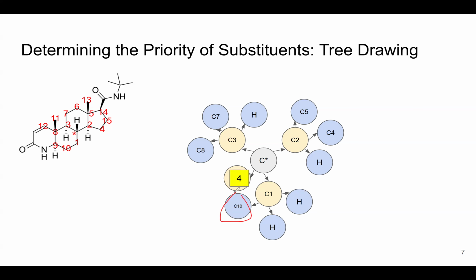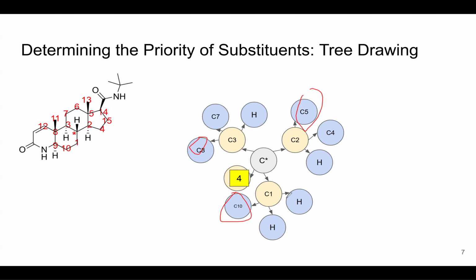The heaviest of this group of 3 is C10. The heaviest of this group is either C5 or C4, so let's just pick any. Then here, similarly, we have C8 and C7 as the heavier atoms, and we just pick any of them. So C8.